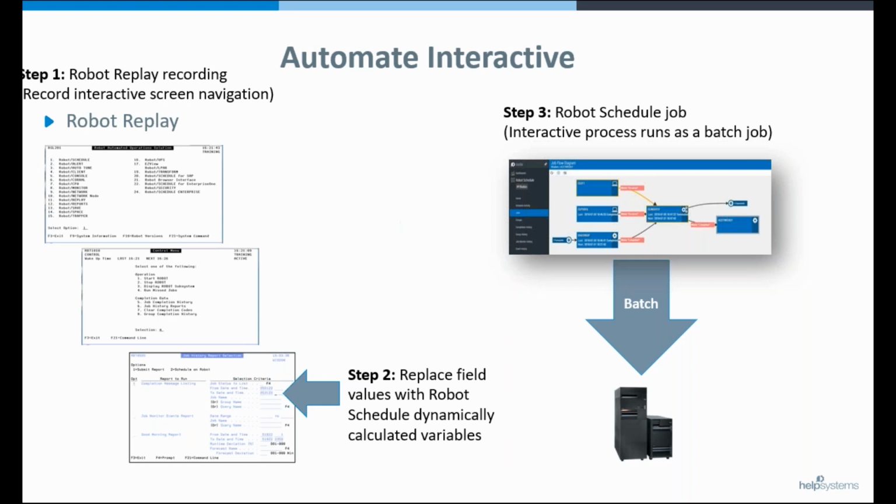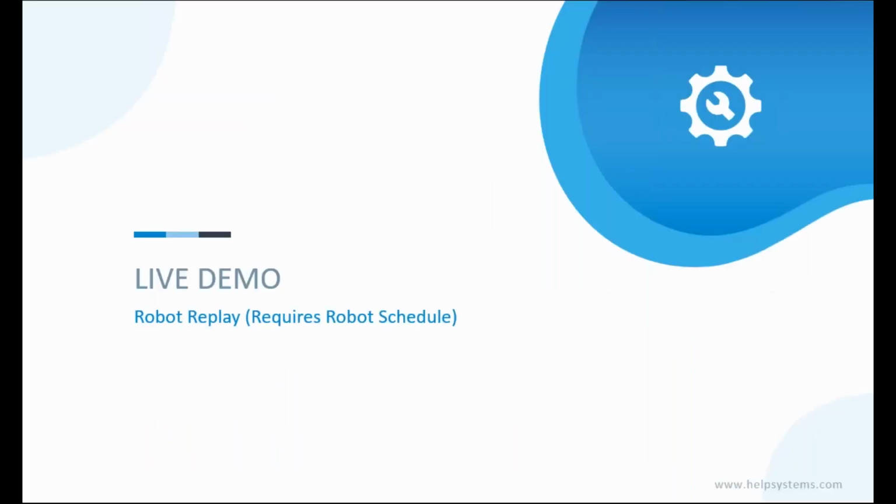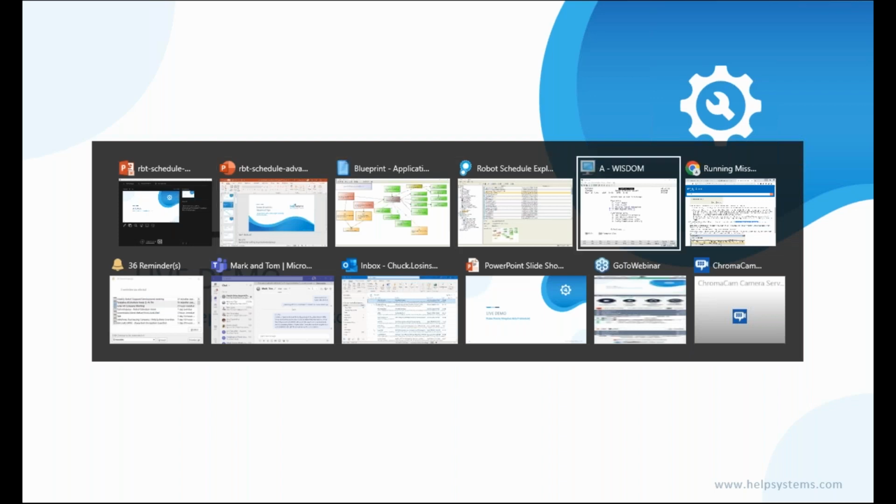And then you take that interactive recording and you use a Robot Replay command to execute that in your batch job stream. And what happens behind the scenes, we spin up a 5250 virtual session, we feed it the 5250 data stream, and you can go further with your automation. Tom said you could insert reserve command variables into the interactive screens, so to automate, for instance, a date range or something like that. So let's take a real quick look at that.